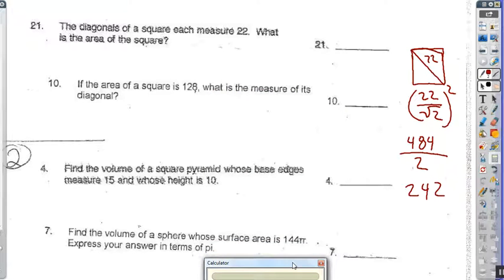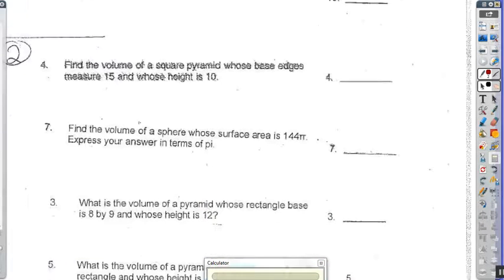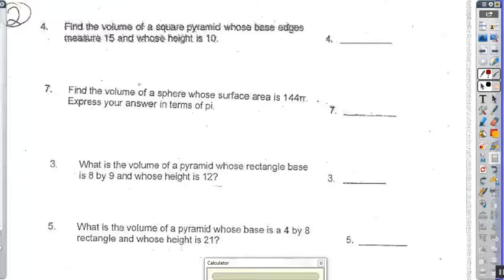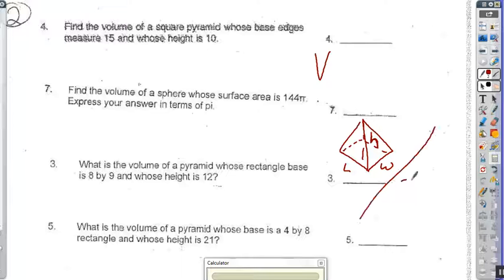All right, in the next problem, find the volume of a square pyramid whose base edges are 15 and a height of 10. Well, you know that the volume of a pyramid is going to be length times width times height, and you're going to divide that by 3 because it's a pyramid, not a rectangular prism.